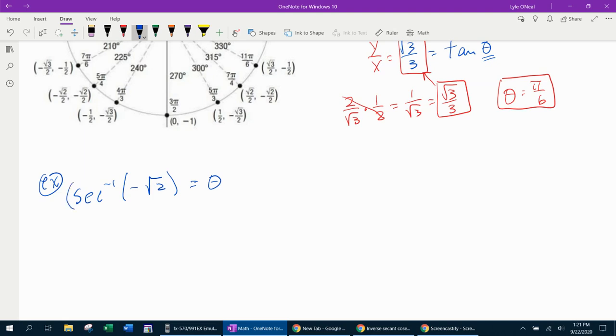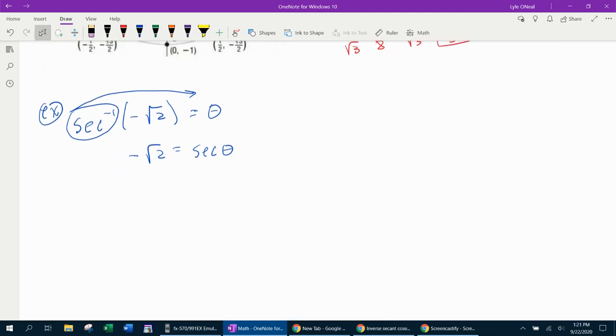And then if I bring the inverse secant to the other side, that's going to turn it back into regular secant. Again, I'm going to use a reciprocal identity. I know that the reciprocal of secant is cosine. So if I flip secant, I get cosine theta, which means I need to flip the other side and rationalize.